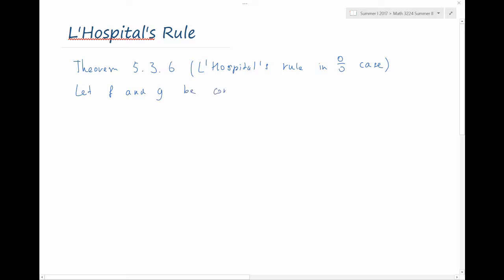And we're going to do it the same way. We're going to consider two possible cases: the case when both f and g go to 0, and the case when g(x) goes to infinity. Both cases of the rule are actually theorems. This theorem requires f and g to be continuous on an interval that contains the point c.